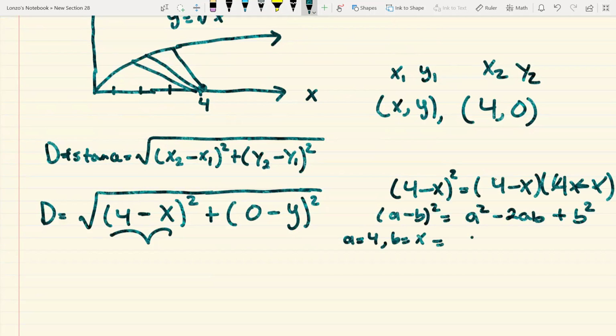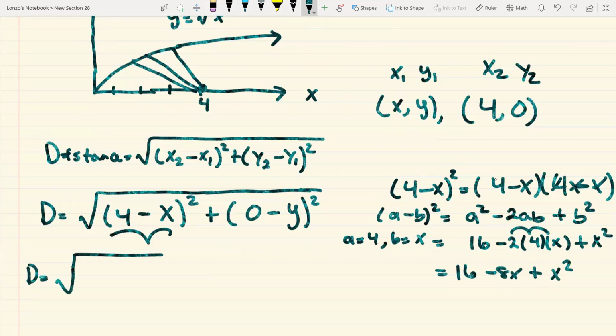So a squared is 16 minus 2 times a, which is 4, times b, which is x, and then my b squared is x squared. Put it all together, you get negative 2 times 4 times x, that's negative 8x, plus x squared. So 4 minus x squared is 16 minus 8x plus x squared. And then 0 minus y, squared, that's really saying negative y squared, which is technically just positive y squared.